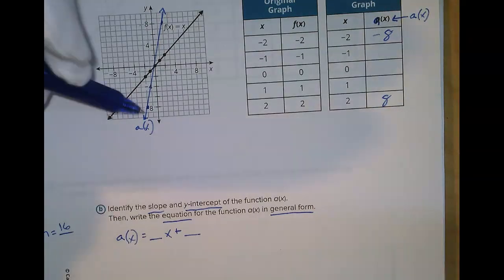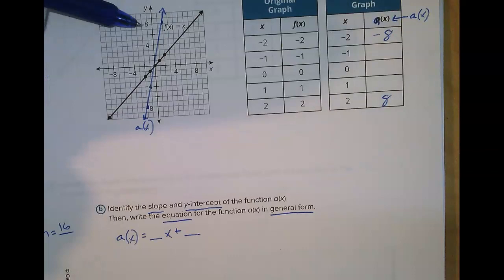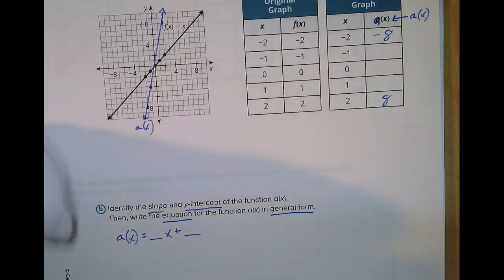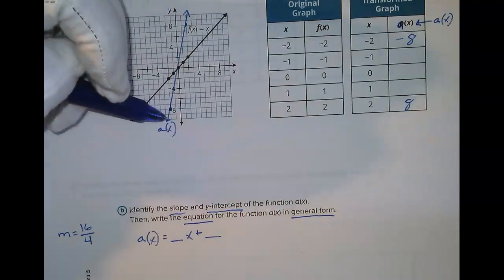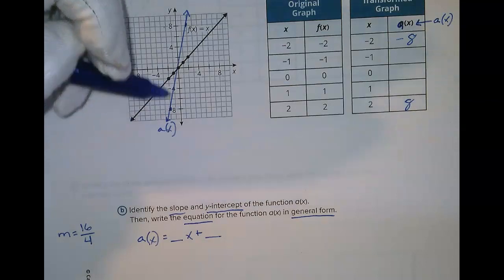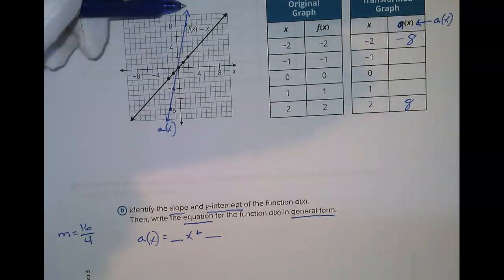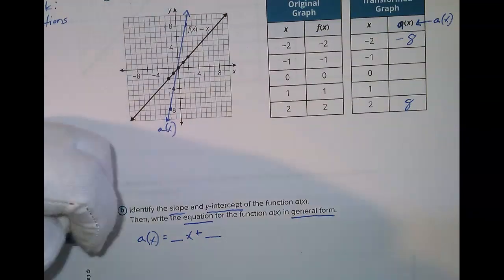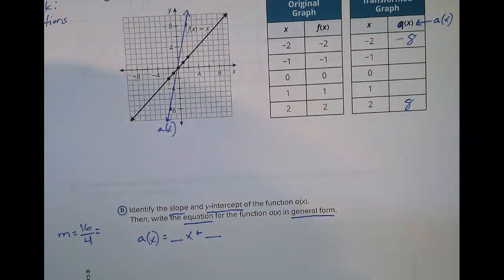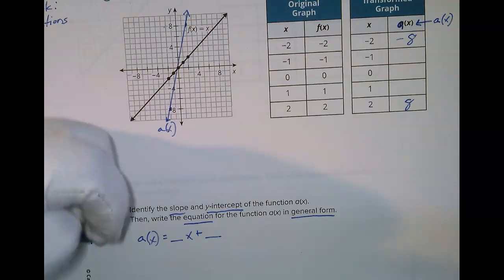And then I went from this x, which is -2, to 2. So that is 4. And then I see that my line, if I start on the left, if I trace it, it goes uphill. So I know that my slope is positive. So I can simplify this to find out my slope is 4.